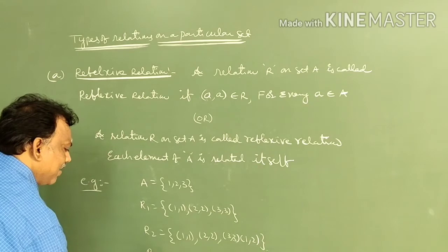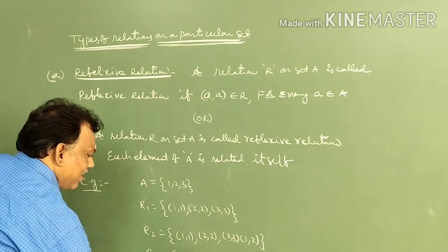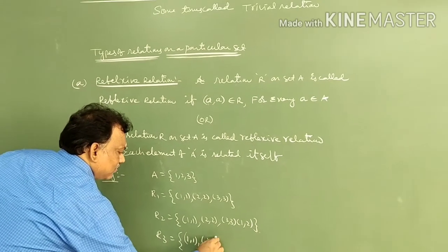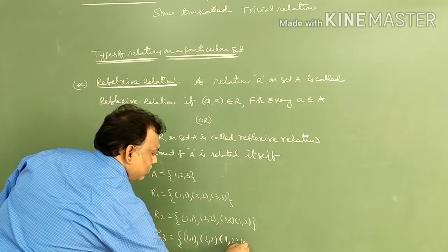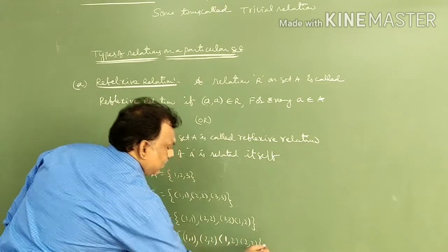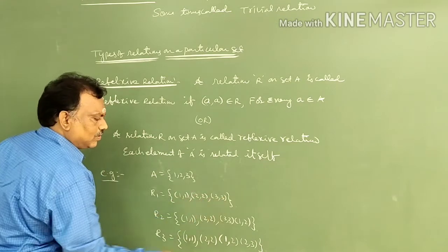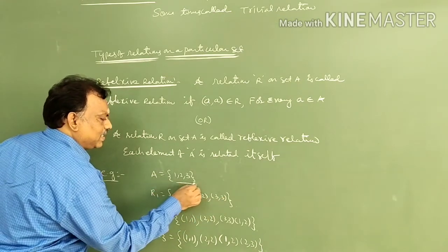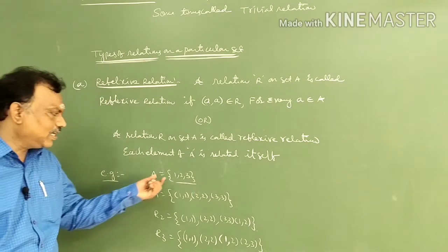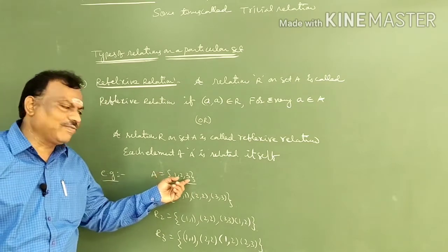Another relation, R3, I am giving as an example: {(1, 1), (2, 2), (1, 2), (2, 3)}. Remember, you have to use in the ordered pairs only the elements which are present in the set A. Here 1, 2, 3 will be there.